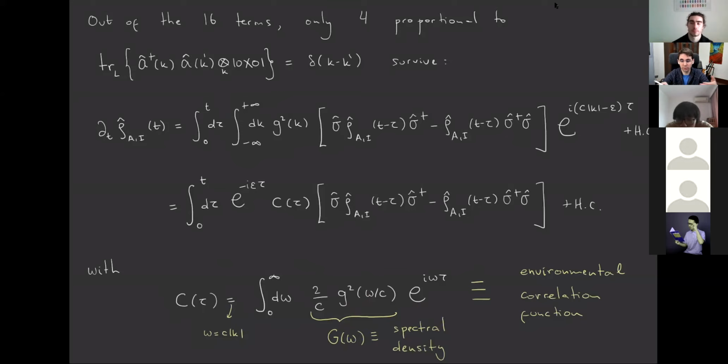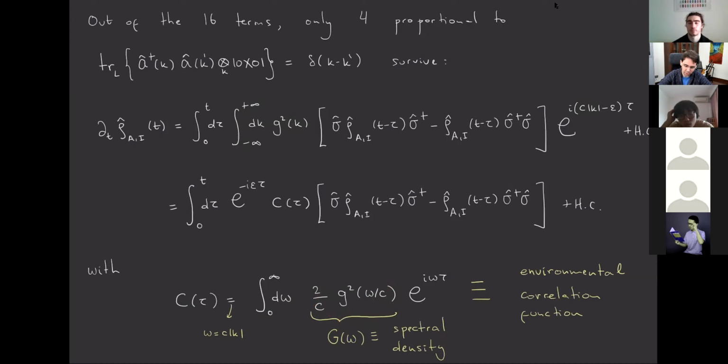Or if you want, you can just try different spectral densities and see if you get interesting physics with different spectral densities, and then try to come up in the lab with an environment that has that spectral density, okay? So this is one approach to open quantum systems that is very typical, that is just trying to engineer or model what is the spectral density of the environment instead of the microscopic interactions between the system and the environment.